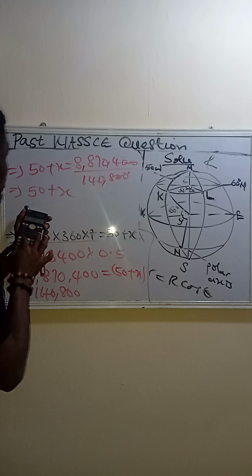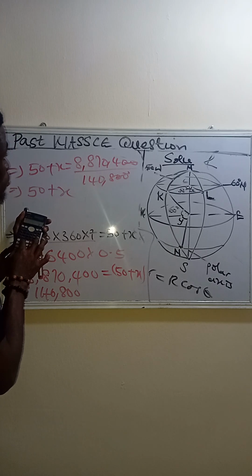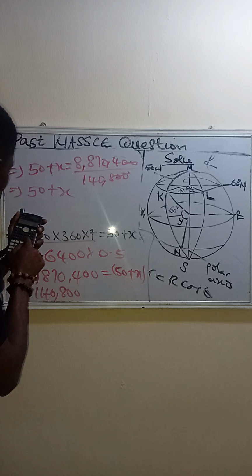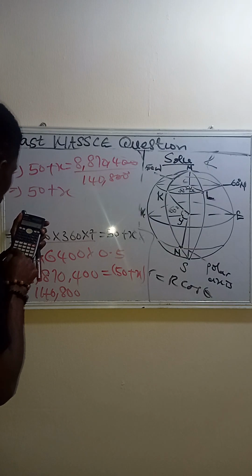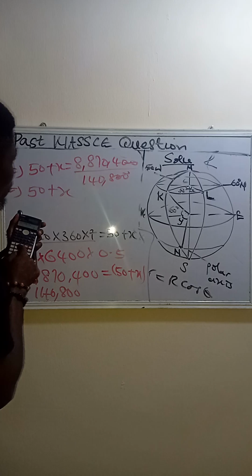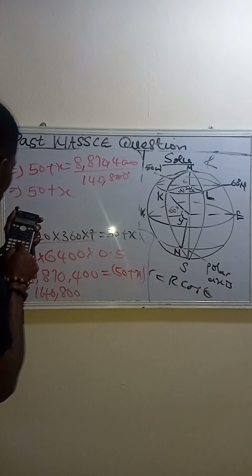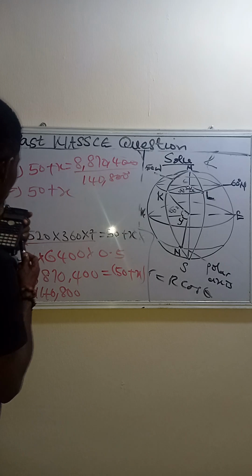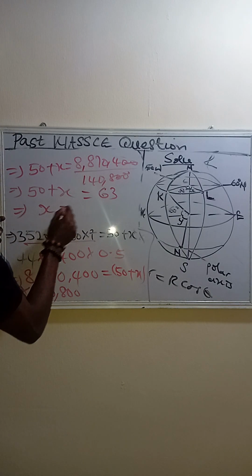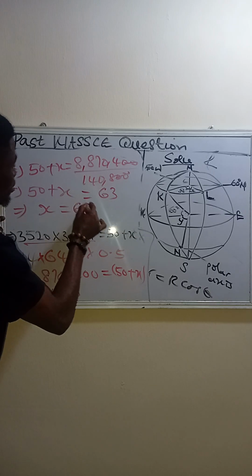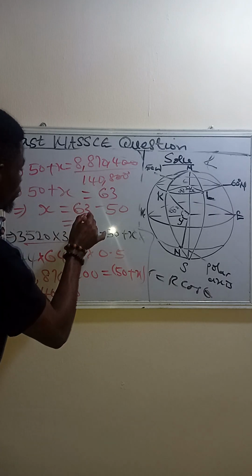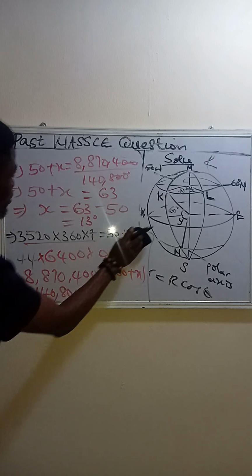This gives us 63. So when you cross multiply, x is 63 minus 50, which is 13 degrees.